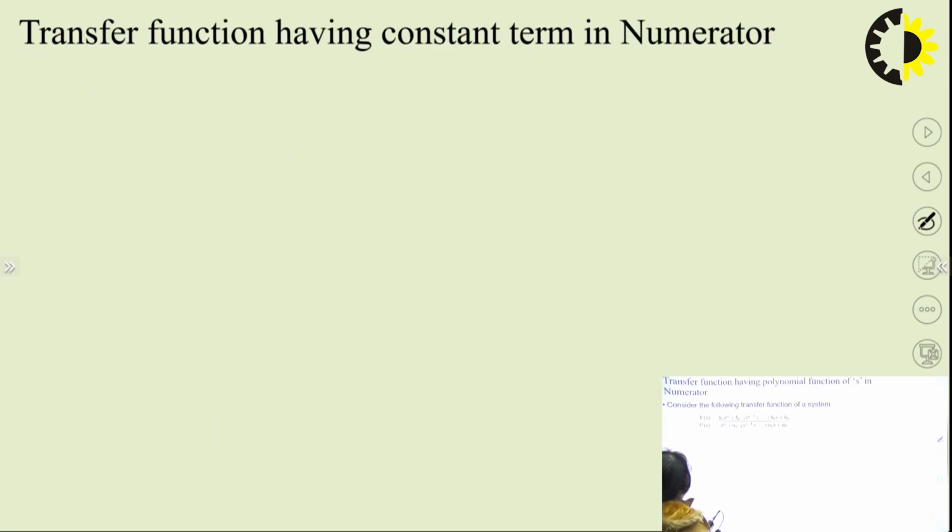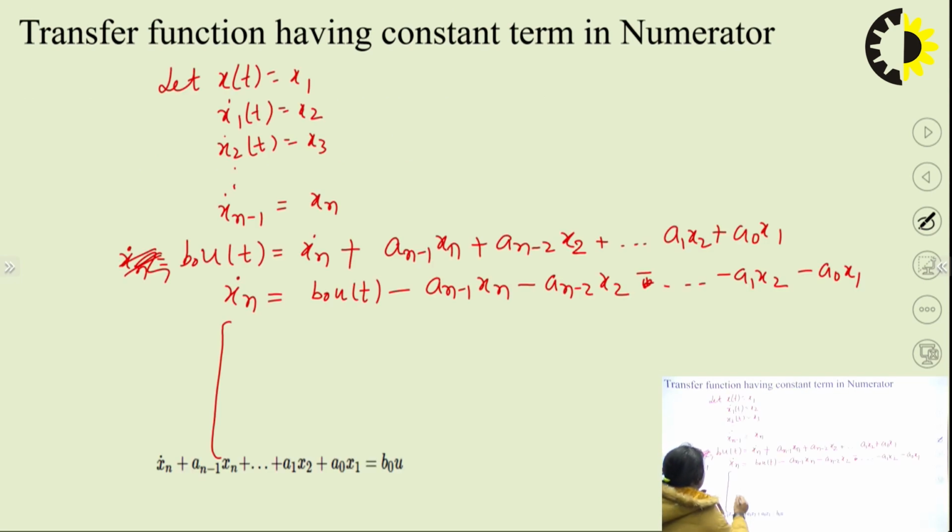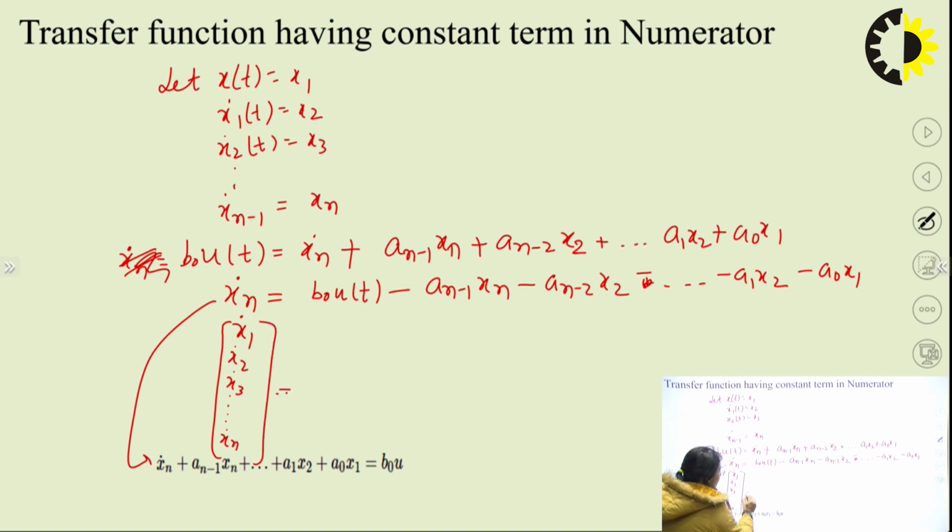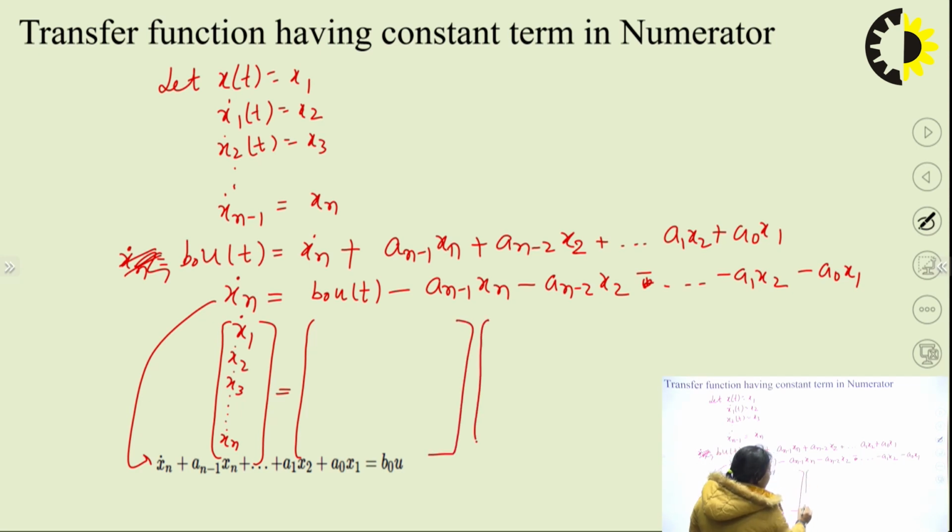So I am getting here x1 dot, x2 dot, x3 dot up to xn dot equal to, this will be my matrix A, and this will be x1, x2, x3 up to xn, Ax plus Bu, right?